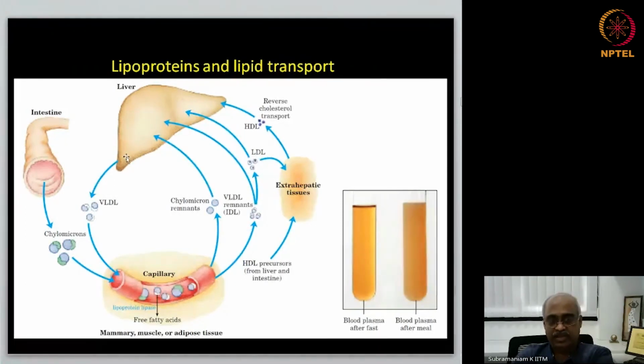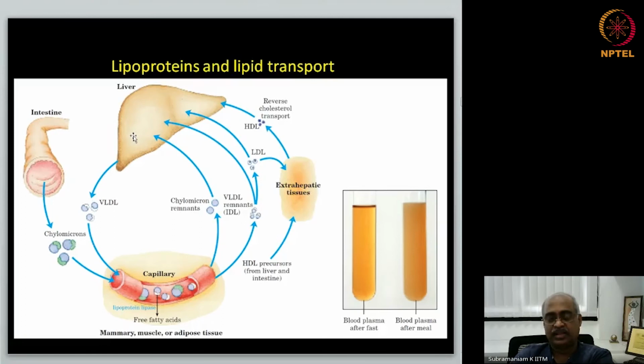So VLDL is carrying the lipid cargo produced from liver. This happens usually when you have a high calorie diet, like a carbohydrate rich diet, where the glucose available from it is more than necessary for all the organs to get their carbon skeleton and energy.